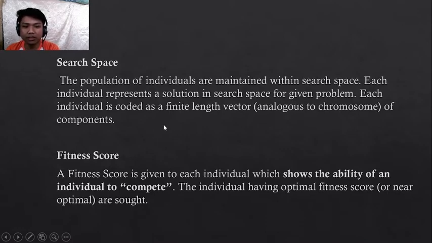Each individual is coded as a finite length vector of components, analogous to a chromosome. A fitness score is given to each individual, which shows the ability of the individual to compete. The individual having the optimal fitness score is near optimal.